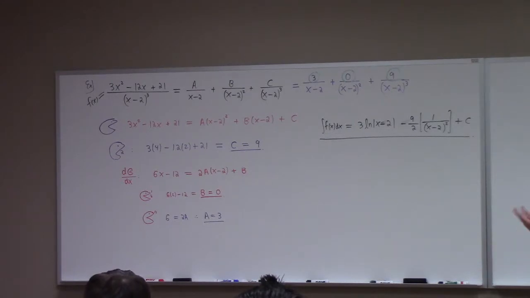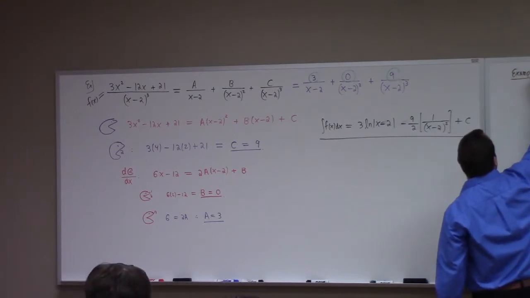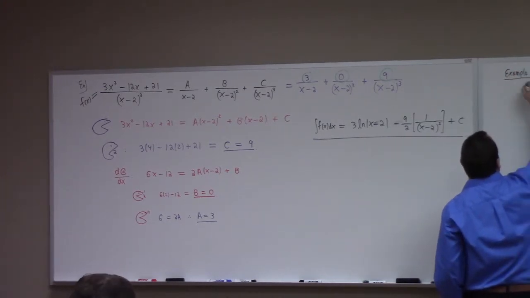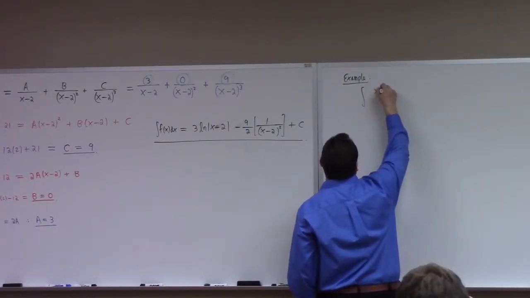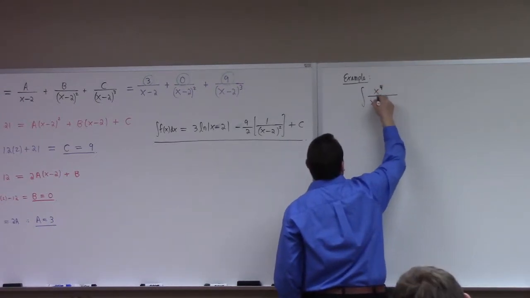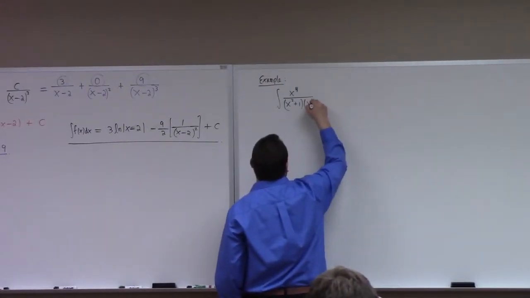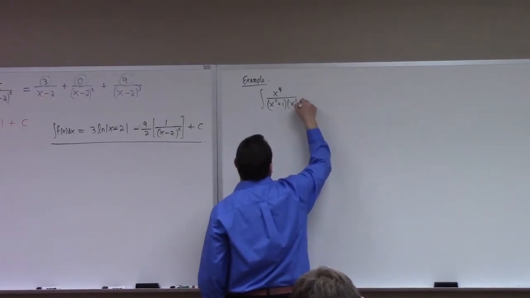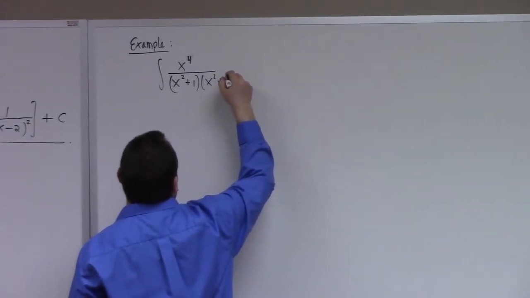All right, independent of this integration, another example. How about something like the integral of x to the fourth divided by x squared plus 1 times, I don't know, x squared plus... I better not do that.